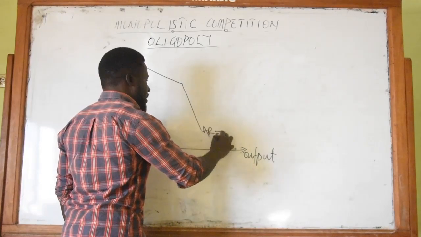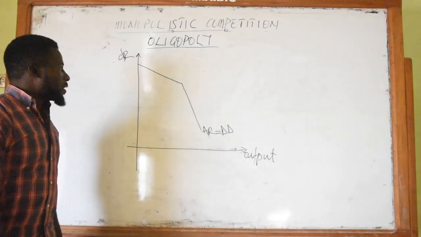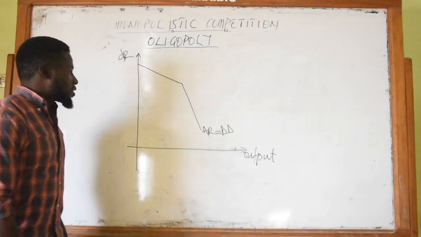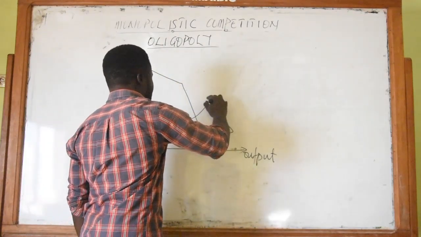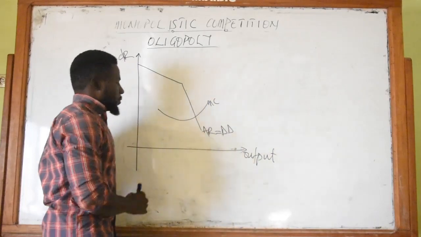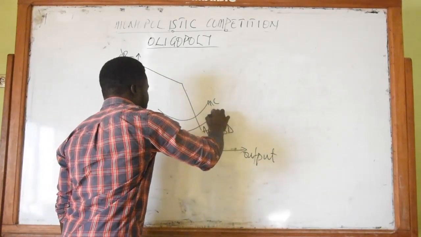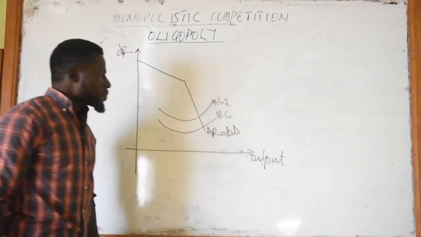Average revenue, which is the same as the demand curve of every firm. And then the next thing you do is you draw the marginal cost curve. We have the marginal cost. I'm going to bring in two marginal cost curves. I will tell you why. Marginal cost curve 1, marginal cost curve 2.